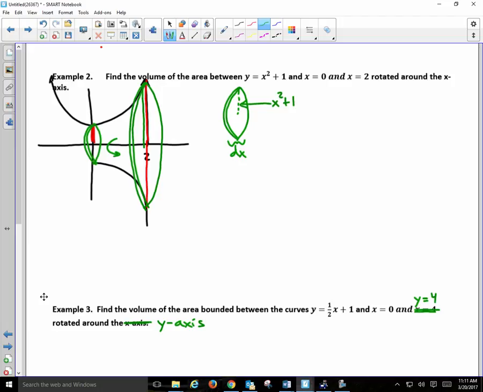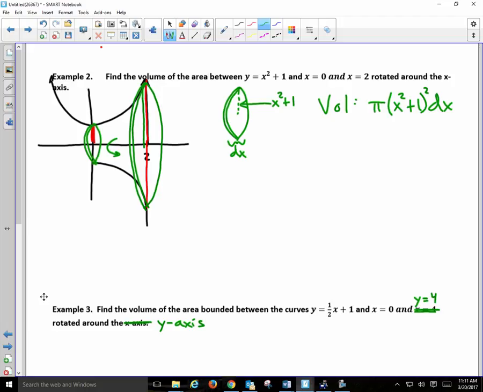So that means that the volume of just one of those discs is pi times r squared times then the width, which is dx. So that's the volume of just one of those. How many do I want? An infinite number of them.